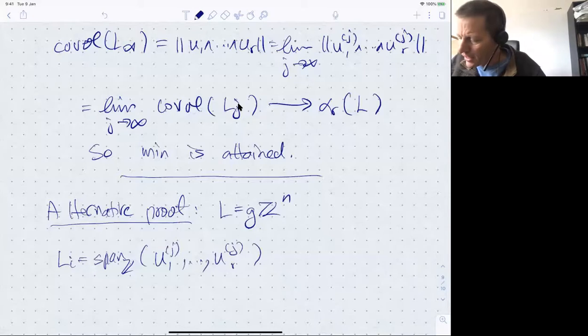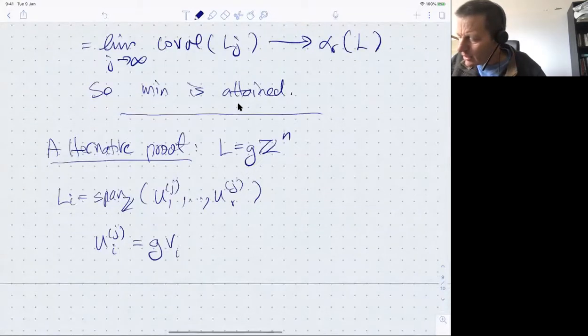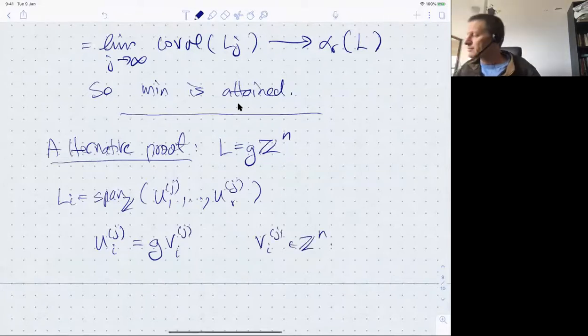And uji is a vector in Lj, so it's a vector in L, so I can write it as G times vji like this, where vji is in Z^n.